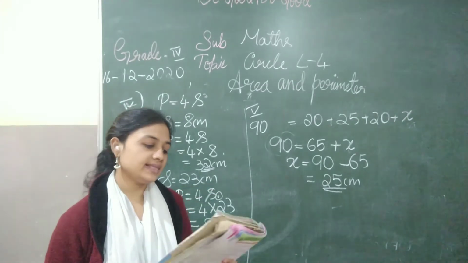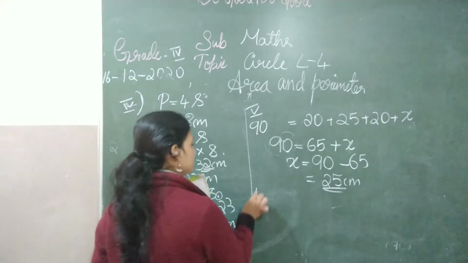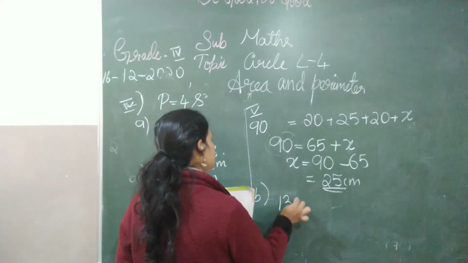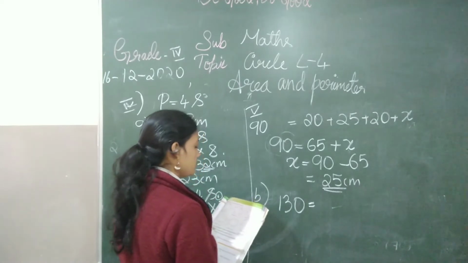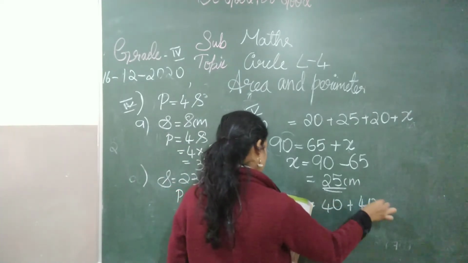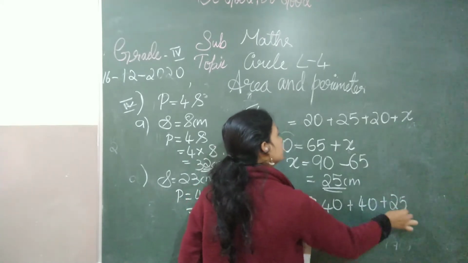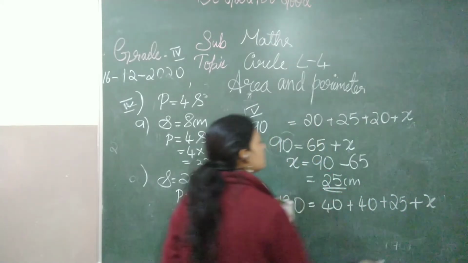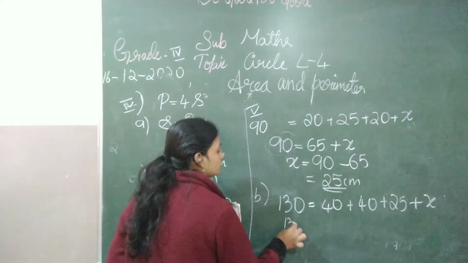So let me take the next one. B1, where perimeter is 130, which is equal to 40 plus 40 plus 25 plus X. I don't know what the X is. So what should I do?